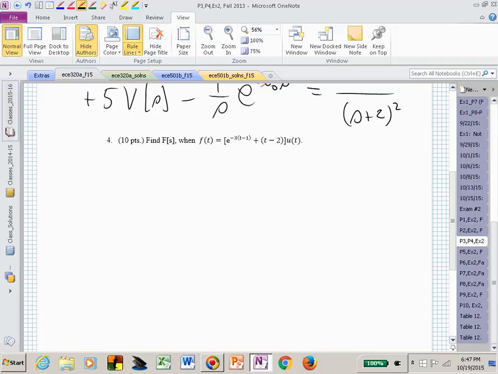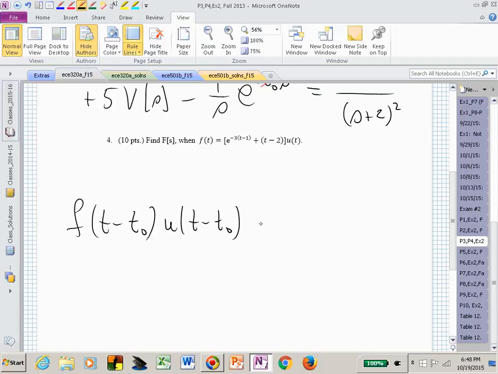decay. Boy, are my eyes that bad? These screens. Okay, the left is a little better, isn't it? But what I'm trying to find now is that these are f of (t minus t naught) u of (t minus t naught).